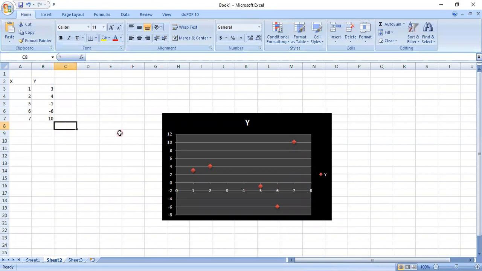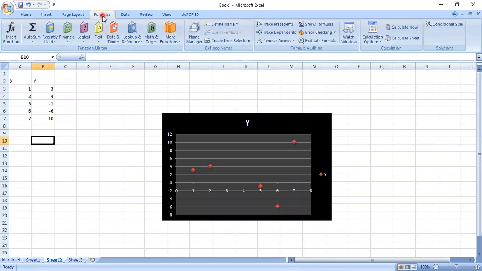To find the correlation coefficient, you select any arbitrary cell, like I'm selecting this cell B10. Now you go to the formula section. In the formula section, you have the option, as you can see, more functions.